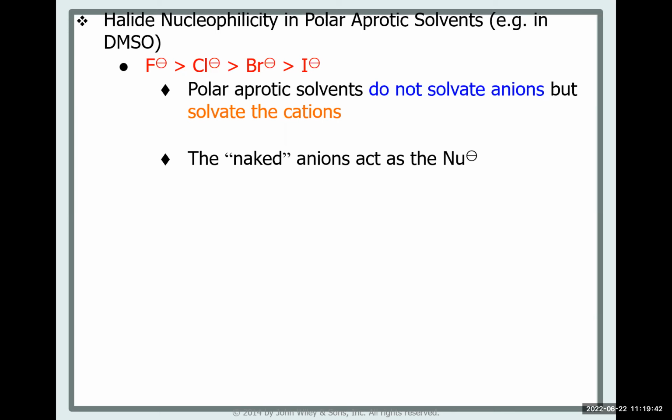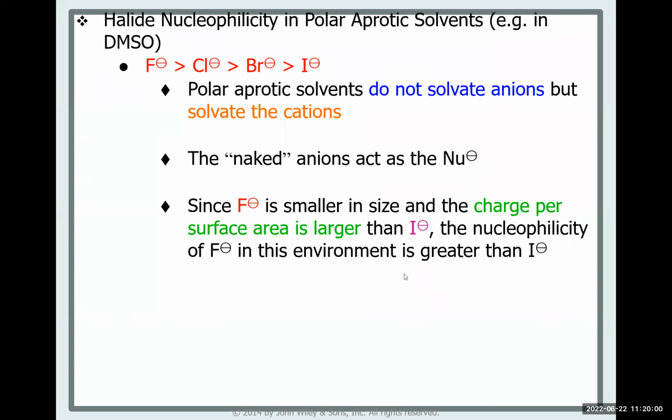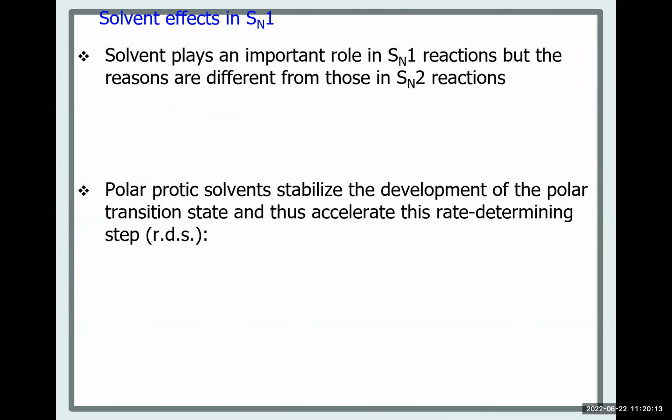And so if you dissolve NaCl in a highly polar solvent, the positive cation is going to be able to attract more of those dipole-dipole interactions, and it won't interact as much with the anion. So it's just better to have an aprotic solvent. Fluorine is smaller in size, so the charge per surface area is larger than an iodine. That's why it gets more solvated with protic solvents, but that's why it's stronger in aprotic solvents.